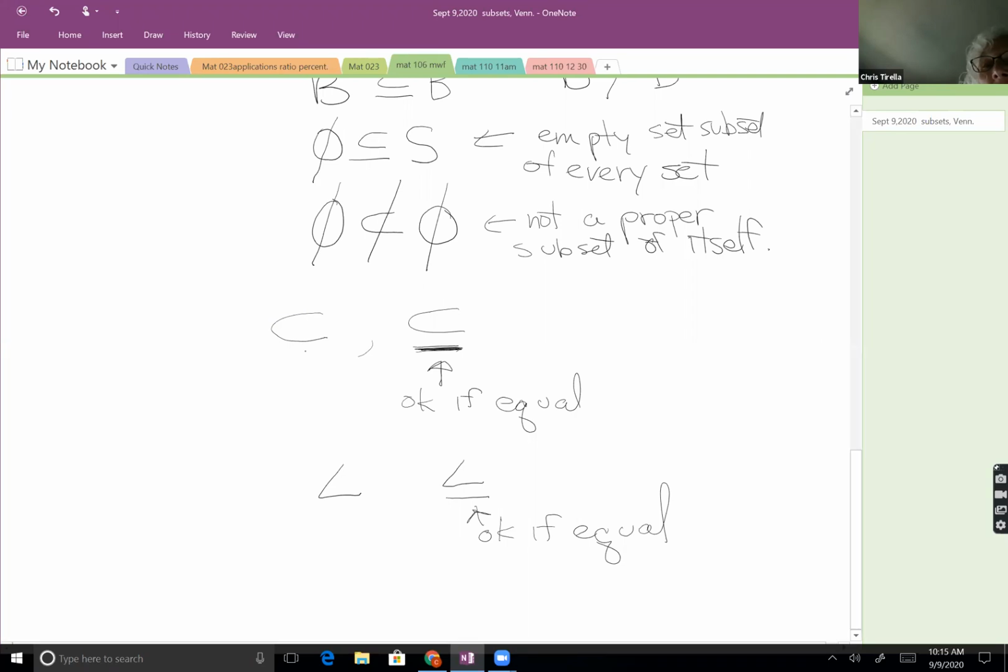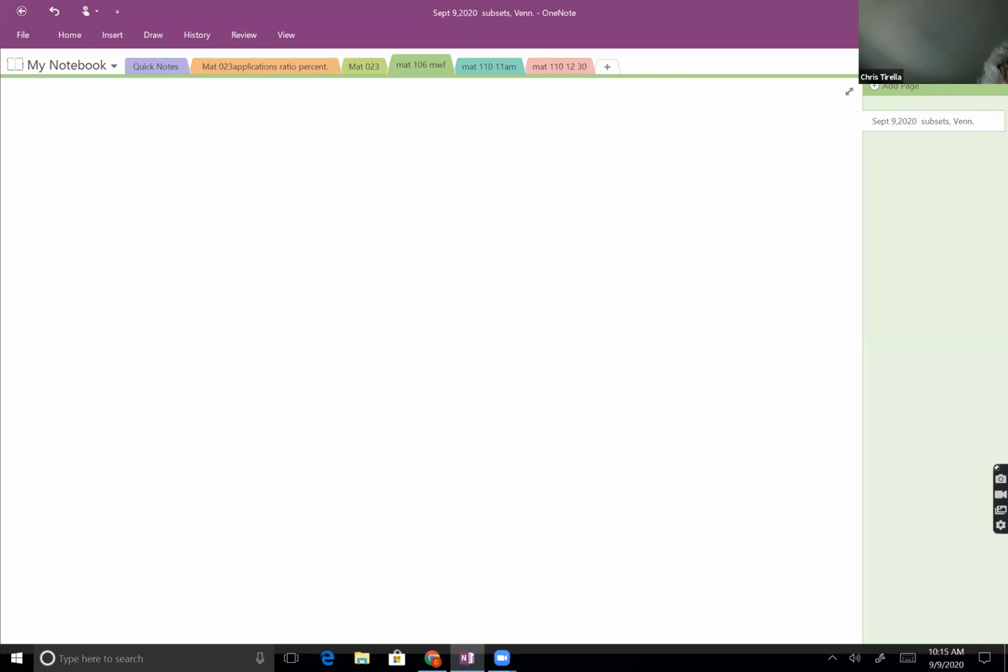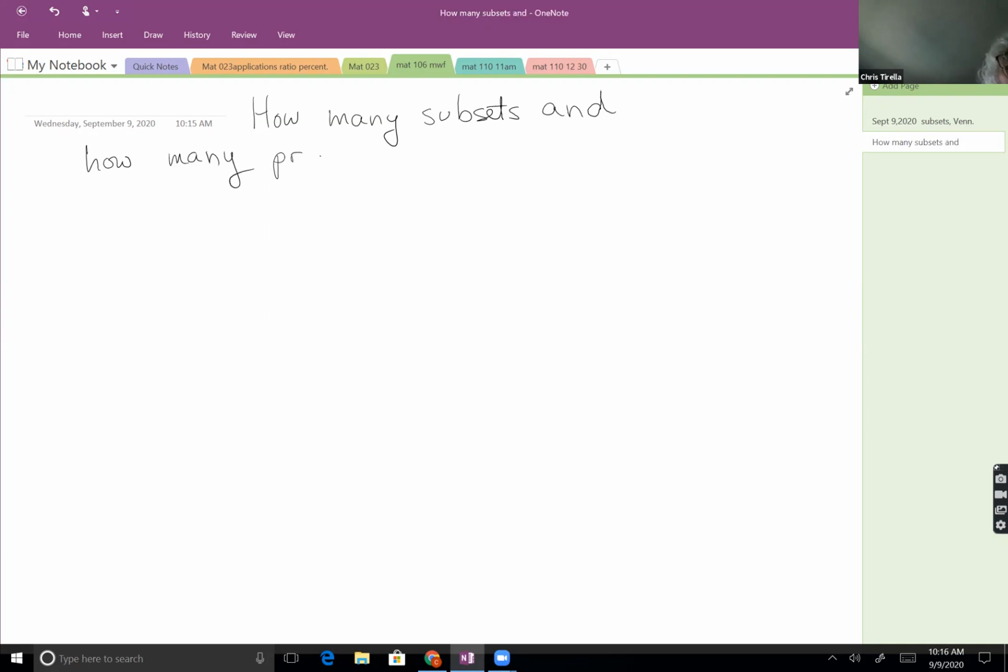The other thing in this section 2.2 is the idea of how many subsets and how many proper subsets a set has.